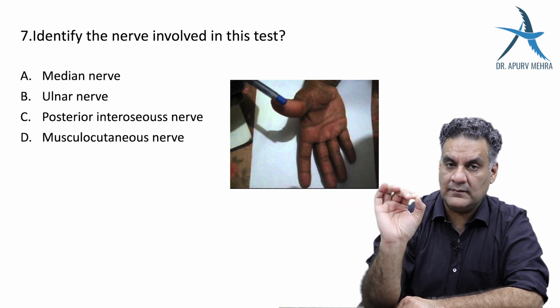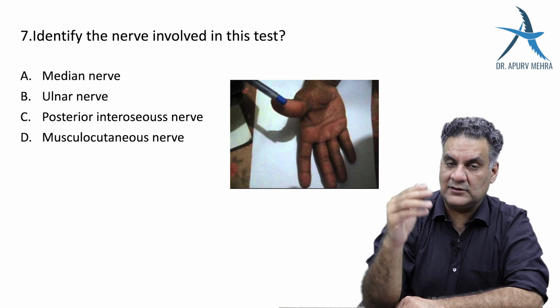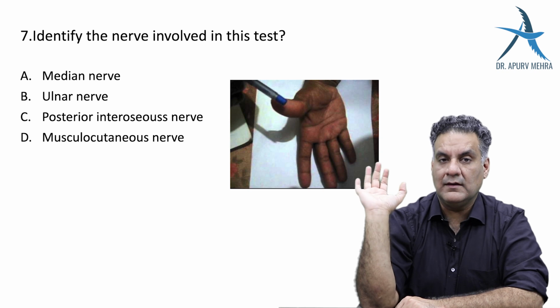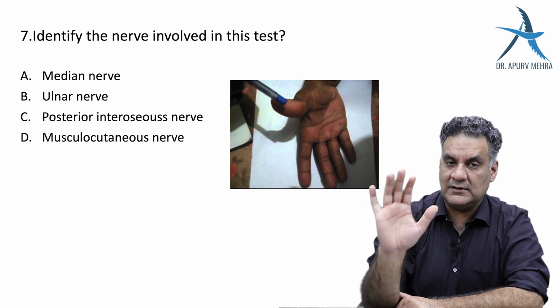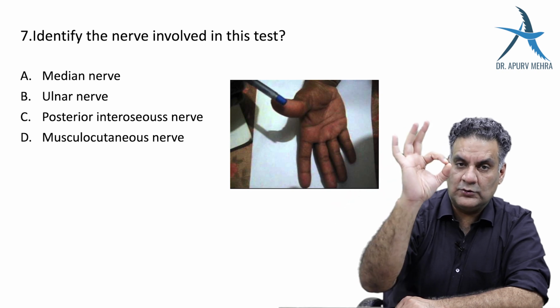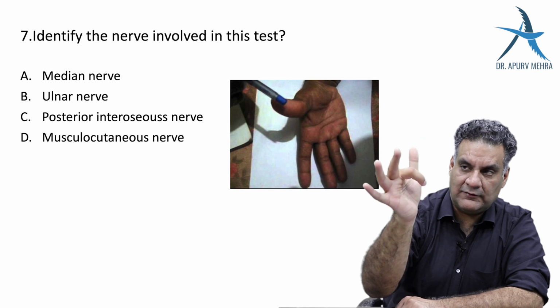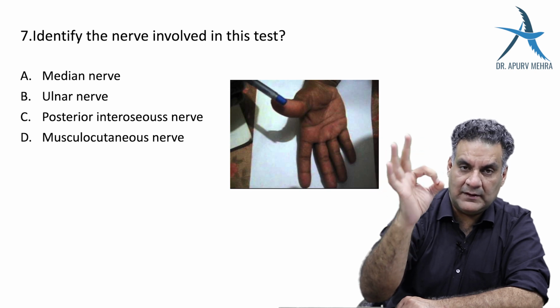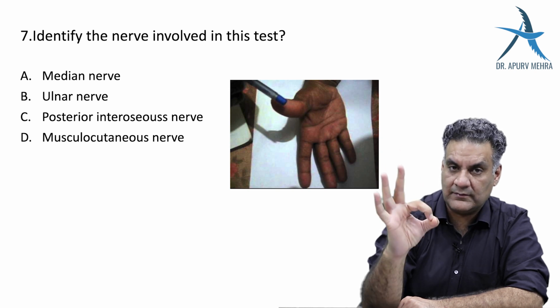Anything in an entrance exam, any structure that is supplied by three things or has three origins, is an MCQ, because the examiner will only put one choice and place it to you. So these are the three things that you should remember. And if you do this classical sign where you are using flexor pollicis longus and FDP, this is called the Kiloh-Nevin sign, or OK sign, for anterior interosseous nerve.